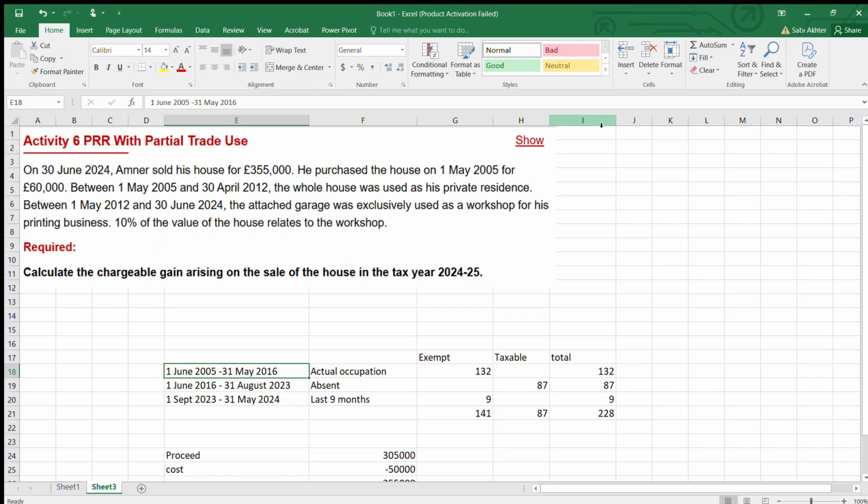So here, from activity 4 and 5 I brought forward this answer and copy pasted it here. I'm just going to change the figures in this table because this is common for any PRR. So now calculate the PRR. From 1st May 2005 to 30th April 2012, just change the month.